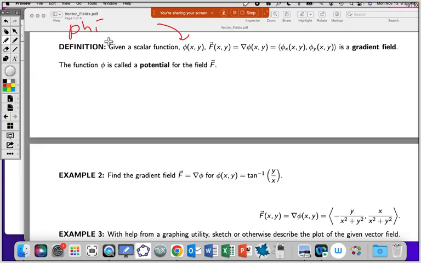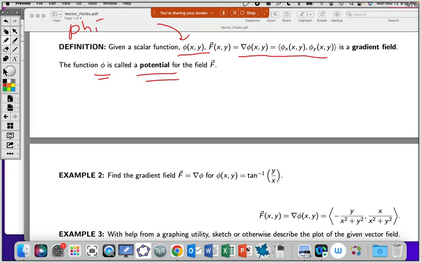This isn't the spherical coordinate phi. This is our generic go-to for a scalar function. If you take the gradient of a scalar function, that's a gradient field. Phi is called a potential for that gradient field.